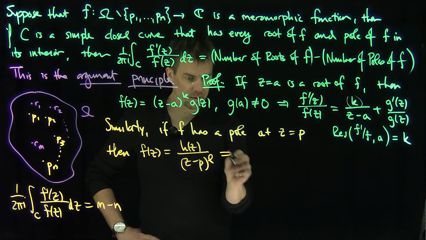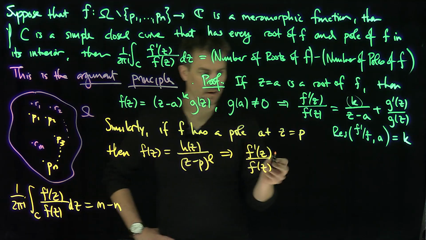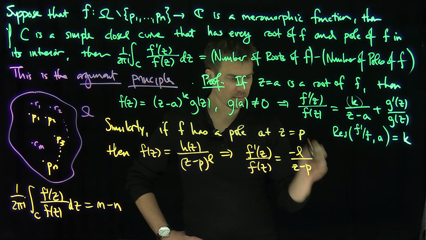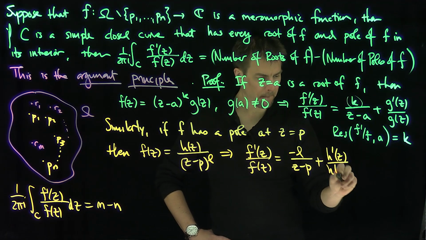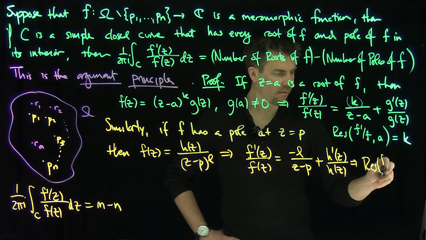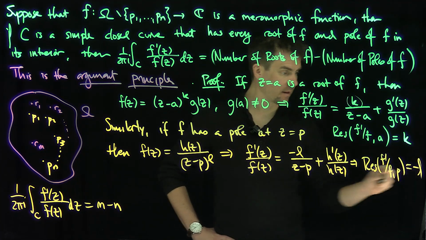Then by similar logarithmic differentiation, f prime of z over f of z near this pole point, the only difference is that this l is negative relative to that, right? So this is going to be negative l over z minus p plus the logarithmic derivative of h. And so that says the residue of f prime over f at the pole p is equal to negative l, right?